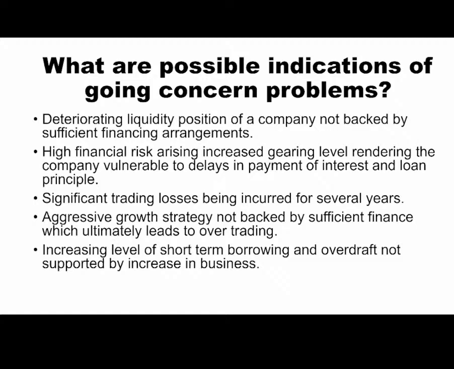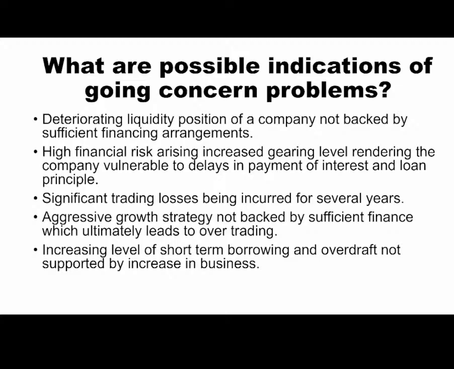Before we move on from going concern, what are the possible indications of a going concern problem? One can be a deteriorating liquidity position of a company not backed by sufficient financing arrangements. Another one is high financial risk arising from increased gearing levels, rendering the company vulnerable to delays in payment of interest and loan principal.